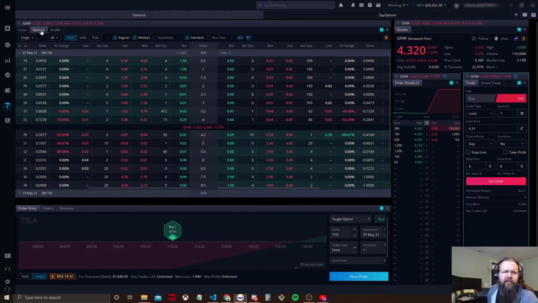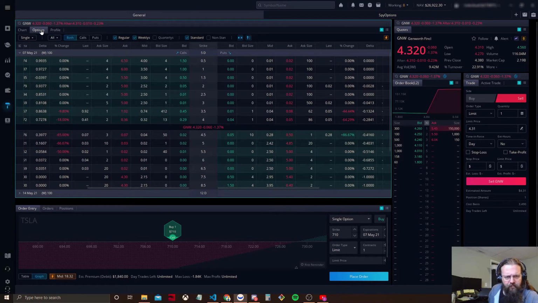Let's look at the options chain. You can also take a short position by buying a put. You know, 5 days. Let's look at the puts. These puts are all pretty cheap to buy.